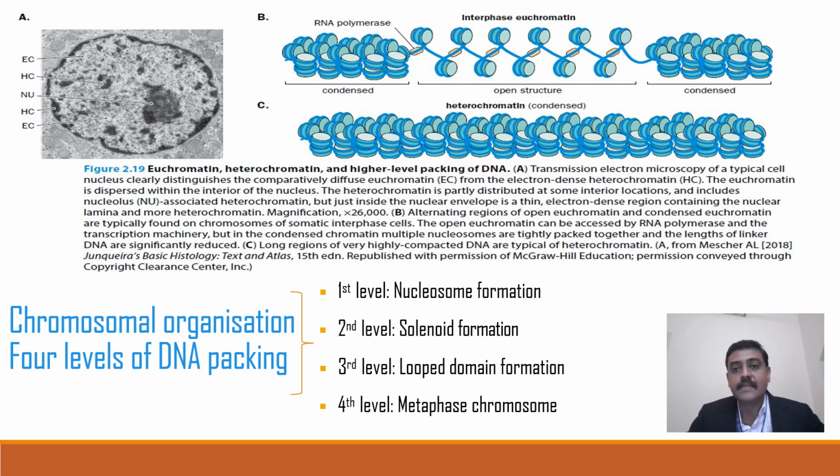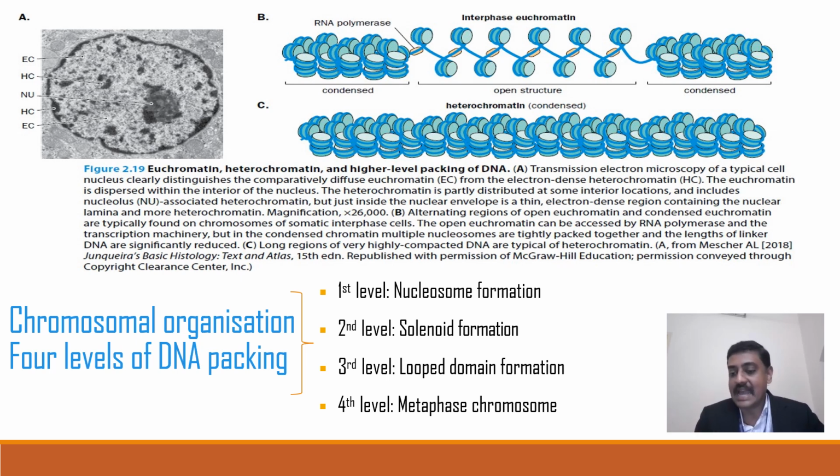Do you know the length of DNA present in the cell nucleus? Around 2 meters of DNA is wound, coiled and densely packed within a small region of just around 6 micrometers of the cell nucleus.